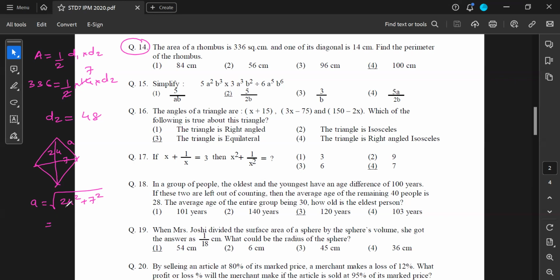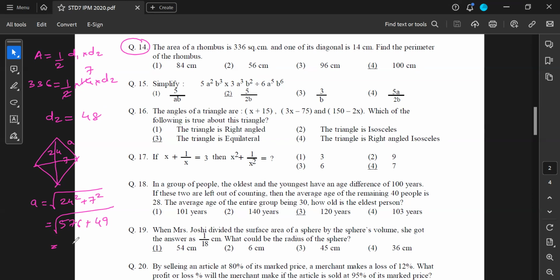Now 24 square is... how much is 24 square? 576 plus this is 49.